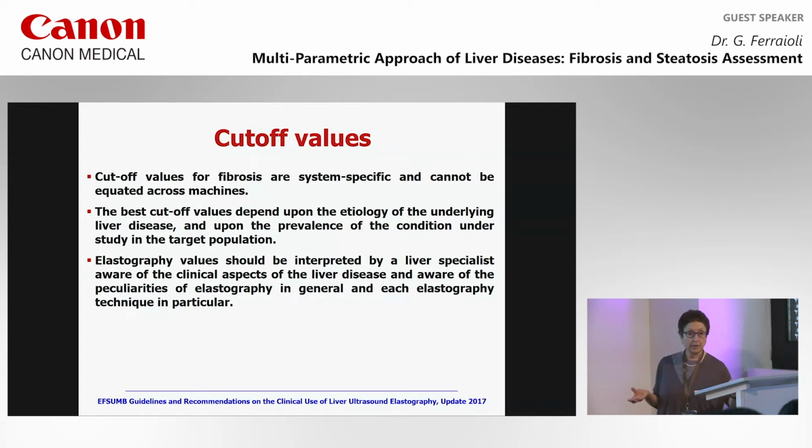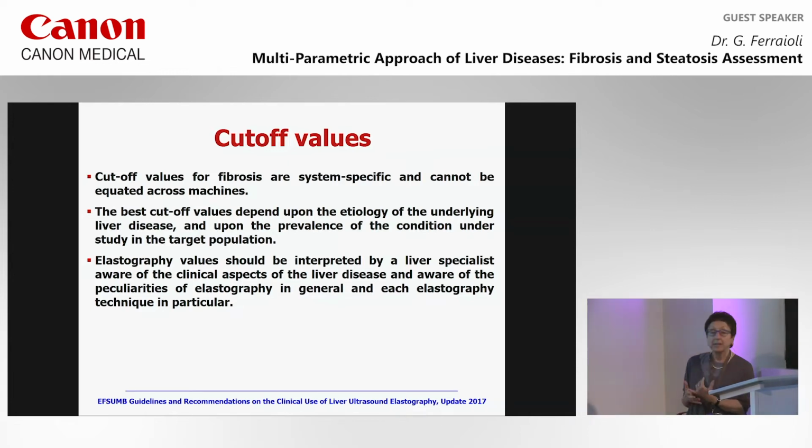It is important to refer to cutoff values also for the etiology, and we obtain a number. This number should be interpreted by a liver specialist, taking into account the clinical history and lab data of the patient.